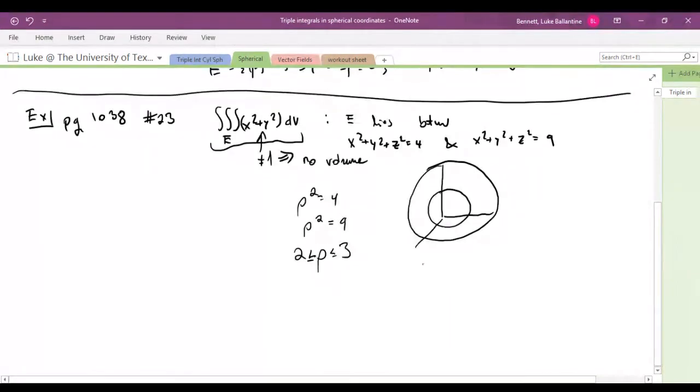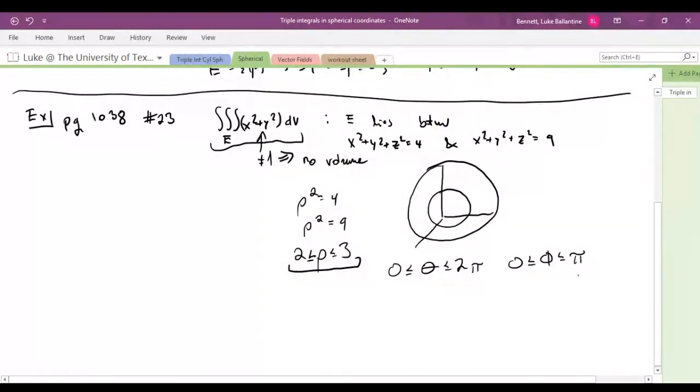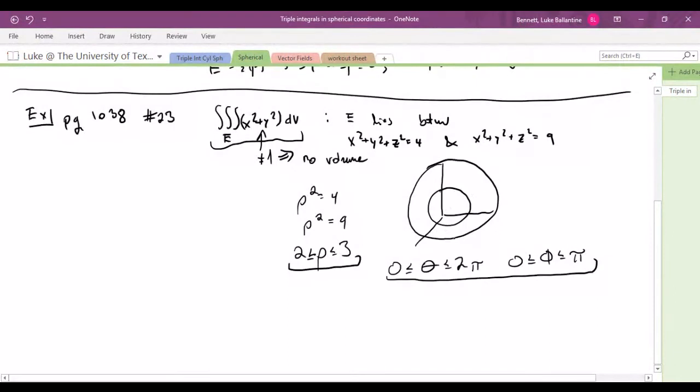So theta lies in between 0 and 2 pi, and phi lies in between 0 and pi. All of the part of the sphere that's been cut out in the middle, all of it. So this accounts for cutting out the middle, distance between 2 and 3, and then this accounts for, well, we're going all the way around both ways.